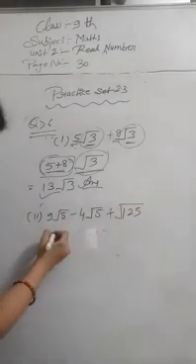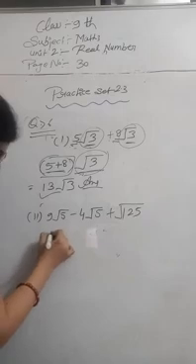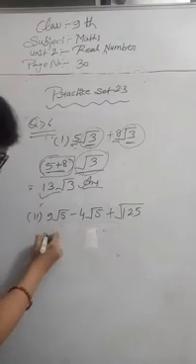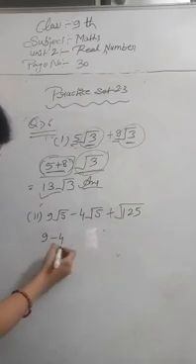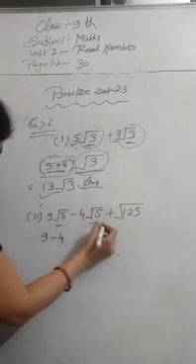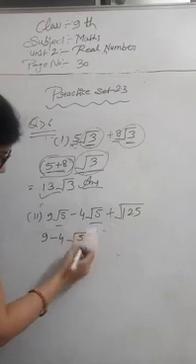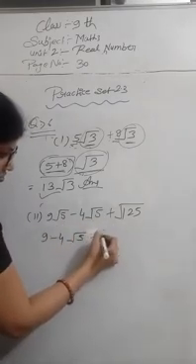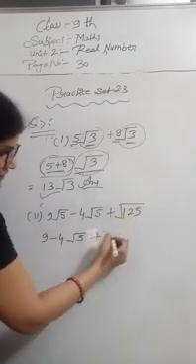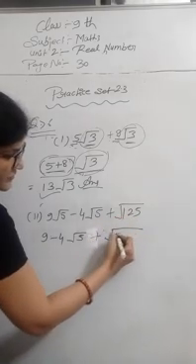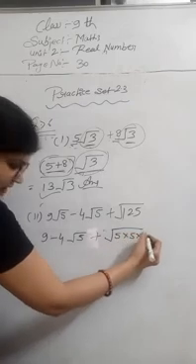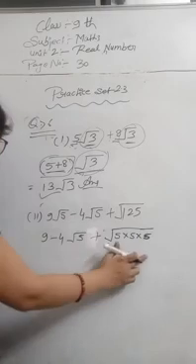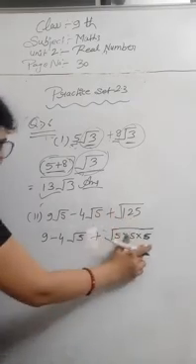So first we will write here 9 minus 4, and here root 5 is common, so we will put root 5. Now we will put here a plus sign, and the factors of 125 are 5 multiply 5 multiply 5. Okay, we will write the factors of 125 here.